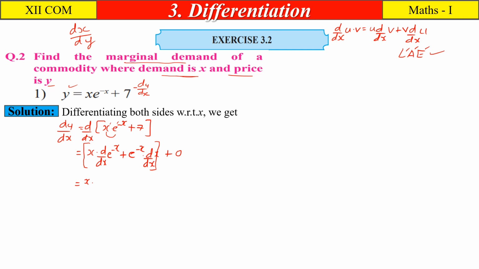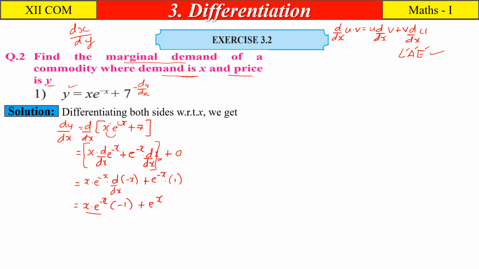That means this is e raised to a function of x, right? So the derivative of e raised to a function of x is the same e raised to the function of x, and wherever there is a function of x we have to differentiate it again, right? So plus e raised to minus x and derivative of x is equal to 1, and plus 0 we need not write. So this is equal to x into e raised to minus x, derivative of minus x is minus 1, plus e raised to minus x.